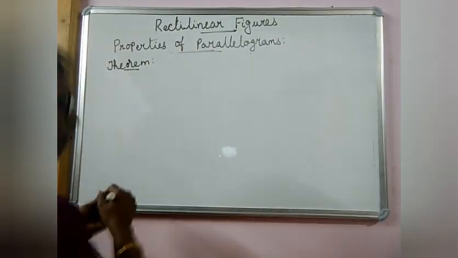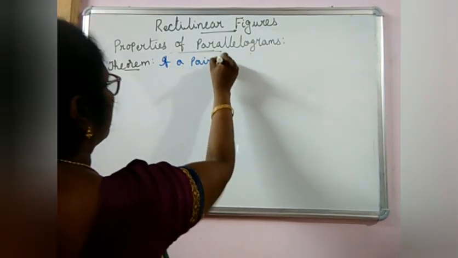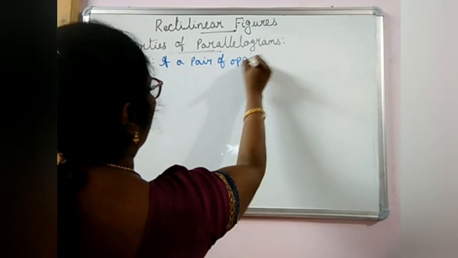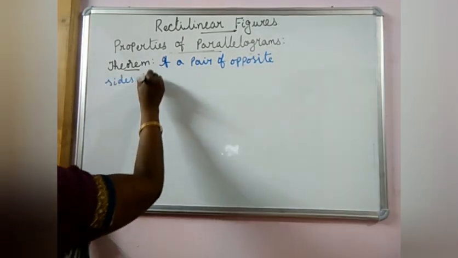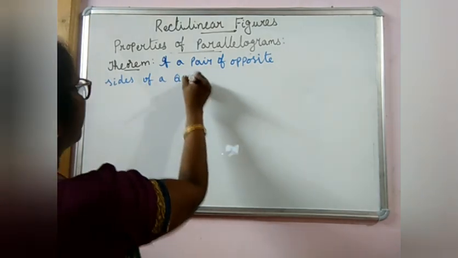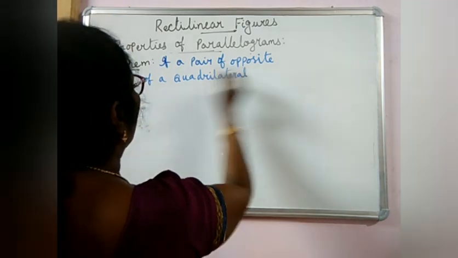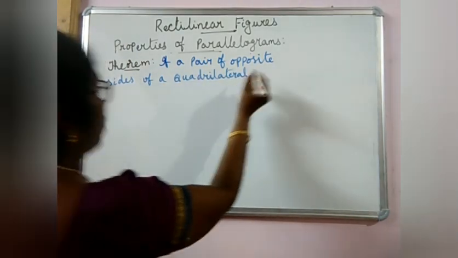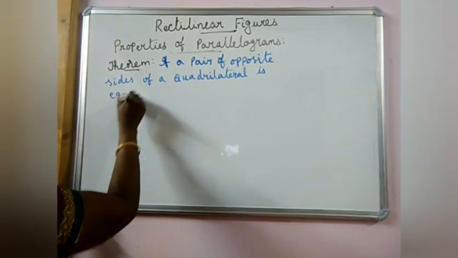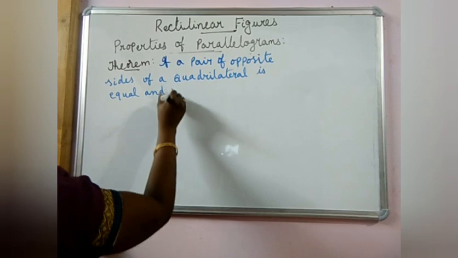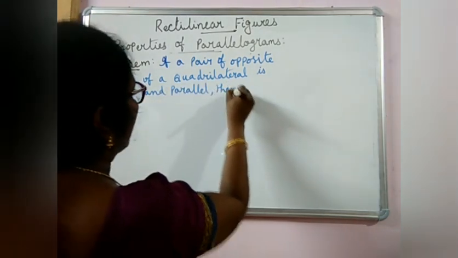The theorem is, if a pair of opposite sides of a quadrilateral is equal and parallel, then it is a parallelogram.